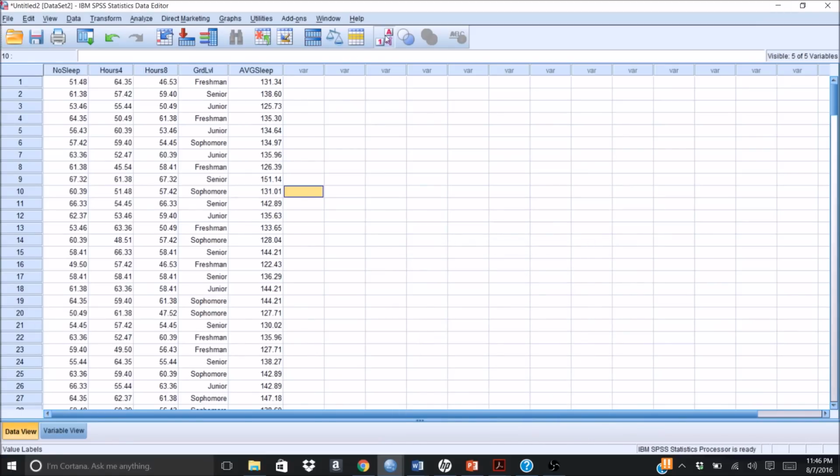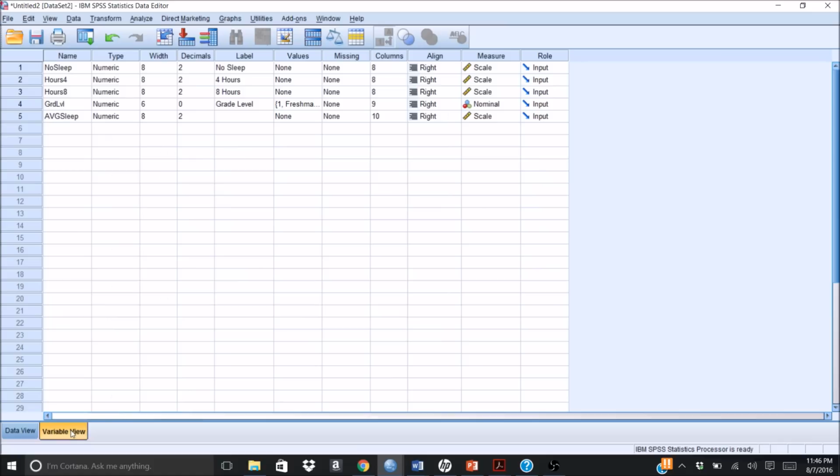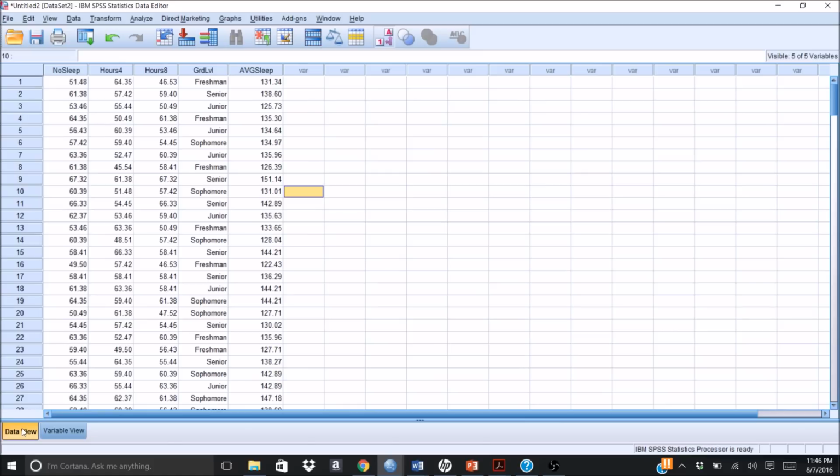Now, if I'm one of these people that's always in variable view and I'm never in my data view, then I'm going to make a really big mistake. Because if I'm looking at my actual data, I can see here that participant number 1 had 51 points when they had no sleep. They had 64 points when they had 4 hours of sleep, and they had 46 when they had 8 hours of sleep.